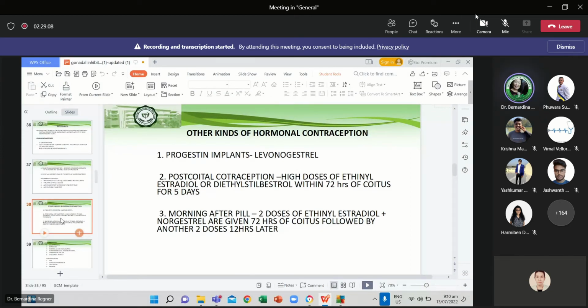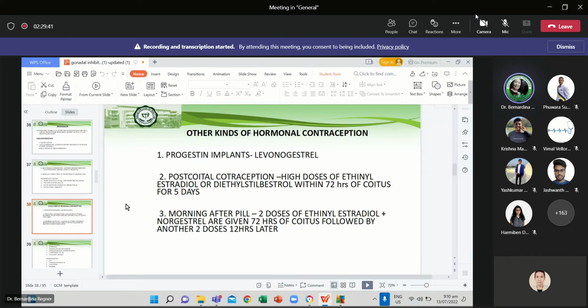Pure estrogen or a combination with progesterone? So, again, in postcoital contraception, what is the component there? It is estrogen. How about in a morning after pill?